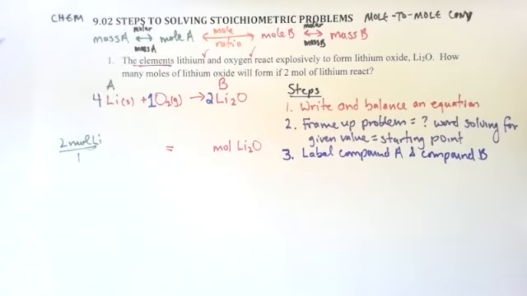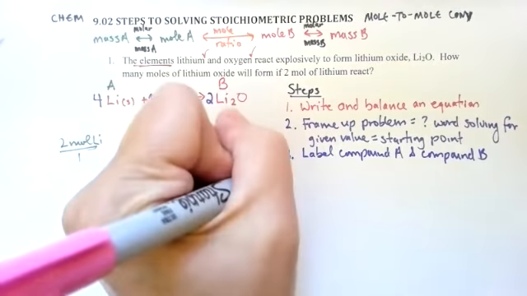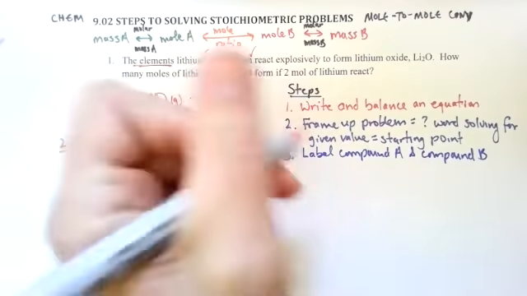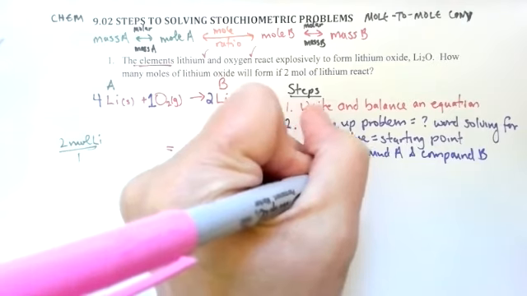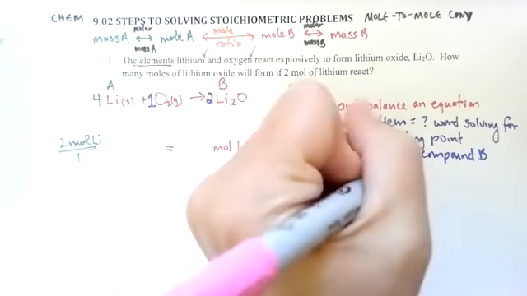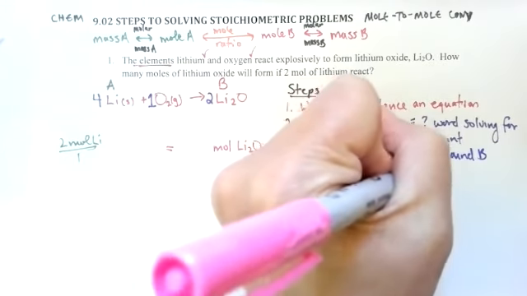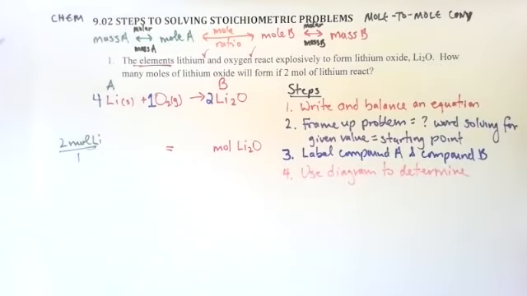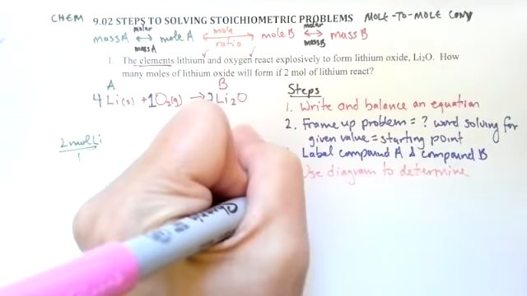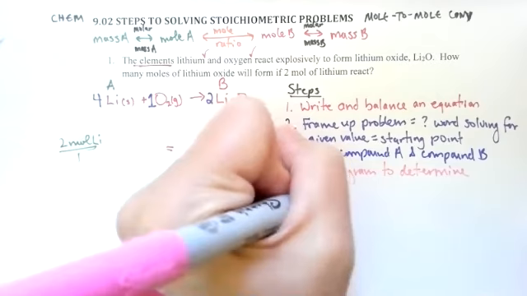Step 4 is to use the diagram to determine which conversion factors are needed.